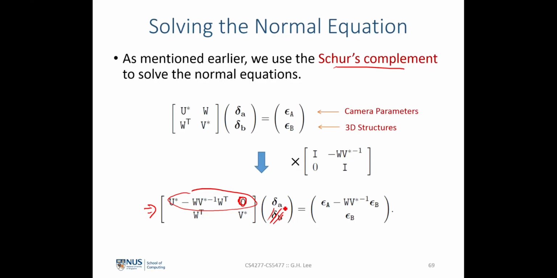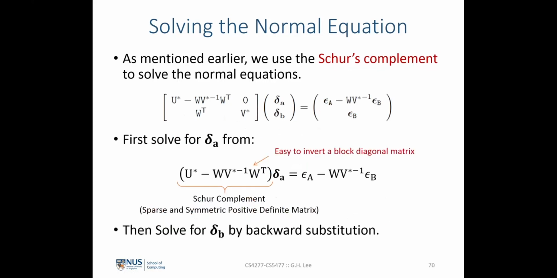And we also know that this can effectively speed up the computation, because the number of cameras is far fewer than the number of 3D points in the normal 3D reconstruction problem. And here's what I have mentioned earlier on. We get the Schur complement equation, which is equivalent to AX equals B, an inhomogeneous linear equation that we can solve for delta A in this particular case.